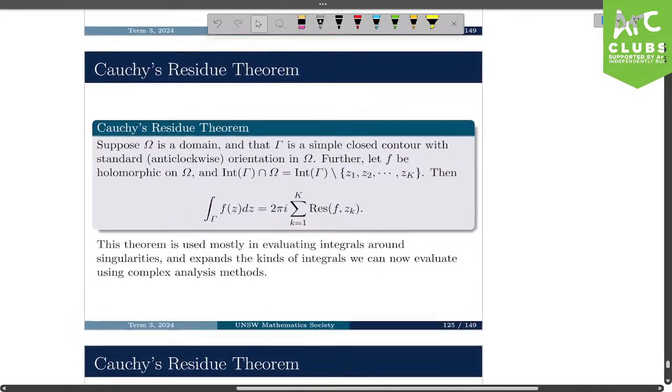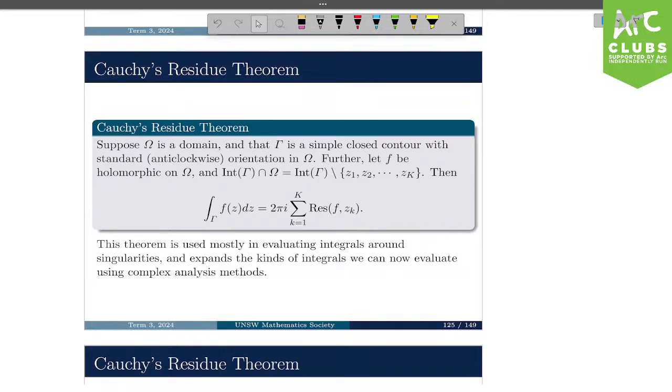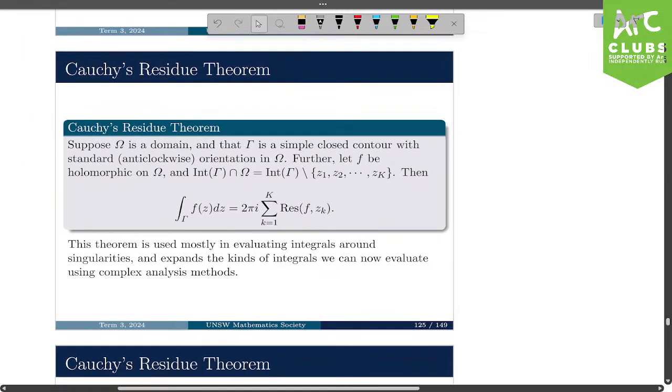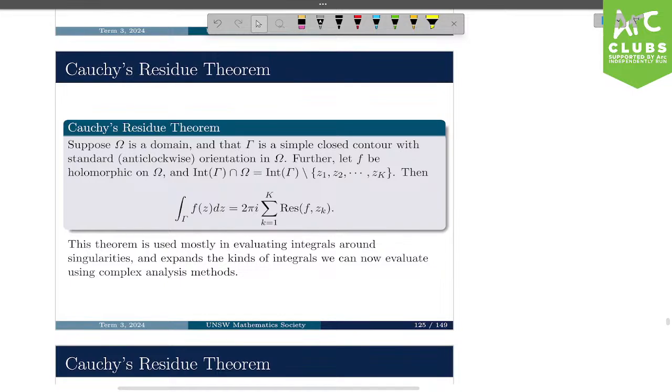All right, let's do this. So, Cauchy residue theorem, it's just now determining integrals using those residues, okay? So now we have the proper motivation for this method. We determine the integral about some simple closed contour with the anti-clockwise orientation in omega, and we let these k points be all of our singularities, okay?